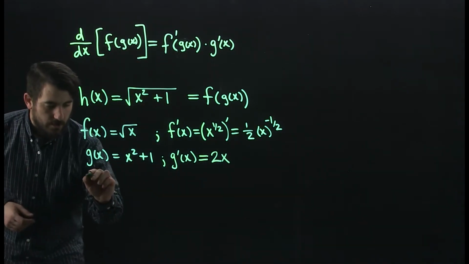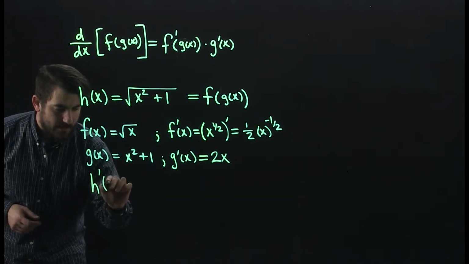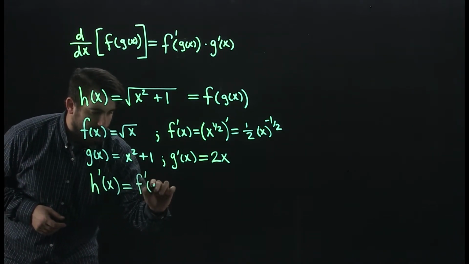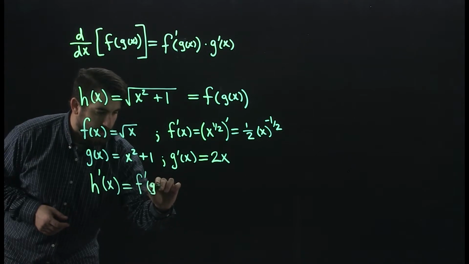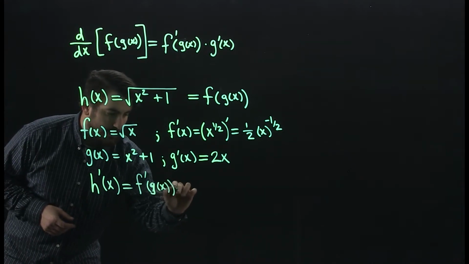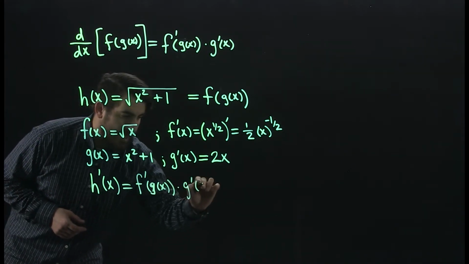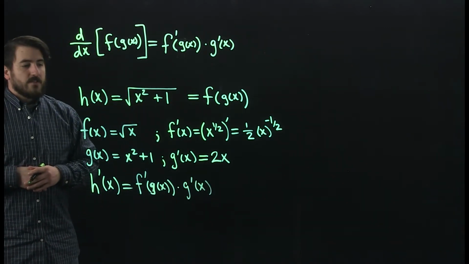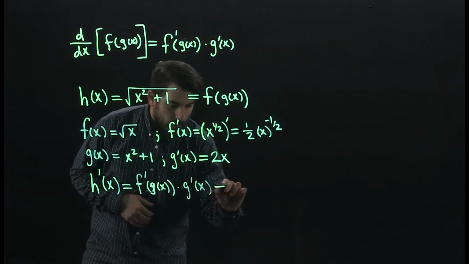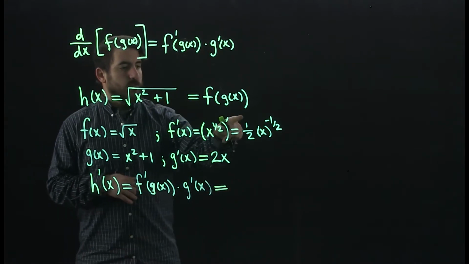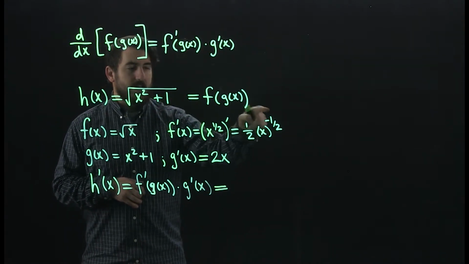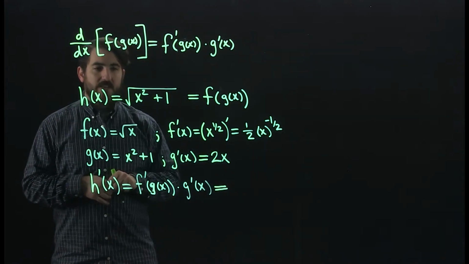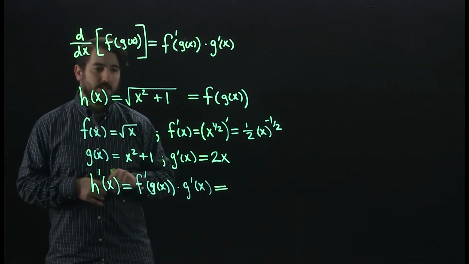So to look at h prime of x, that equals f prime of g of x times g prime of x. Okay? So we know that the derivative of f is 1/2 x to the negative 1/2. But instead of x, I'm going to write g of x, which is the inside function, x squared plus 1.